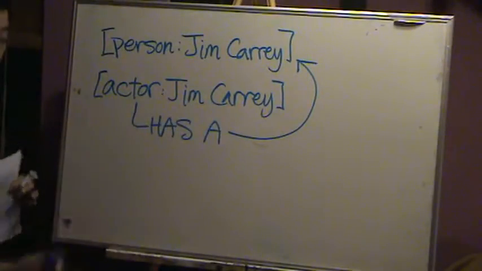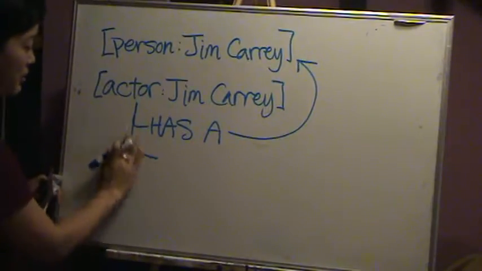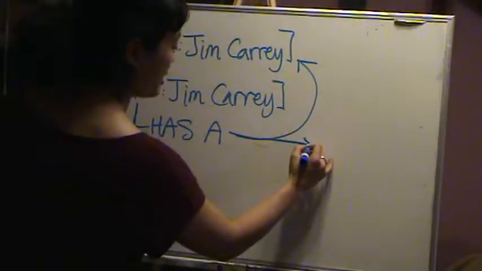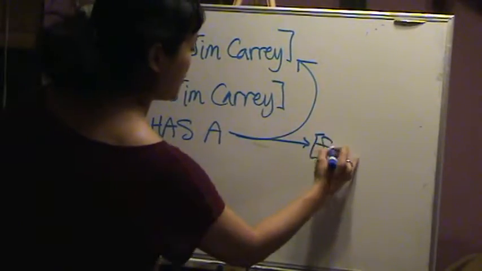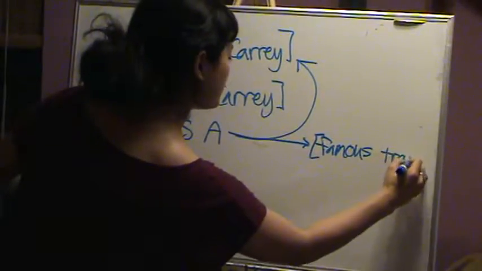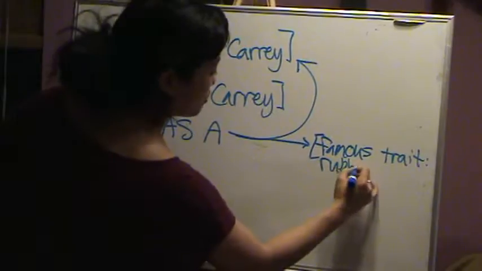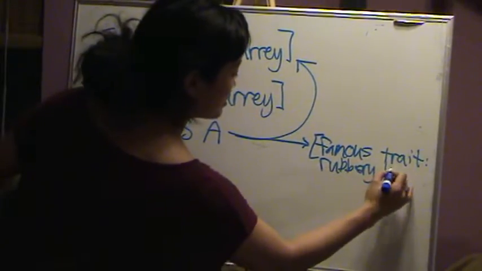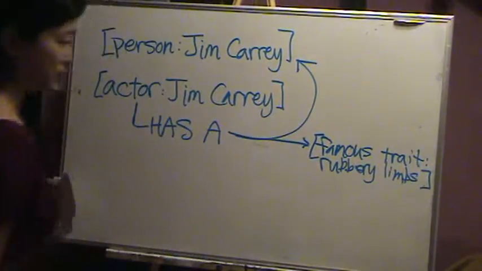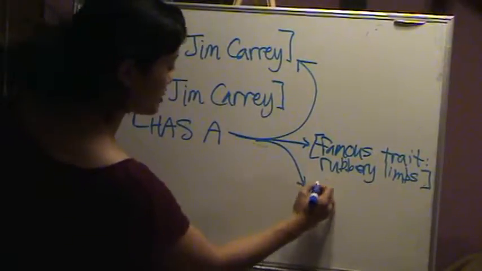The actor Jim Carrey can have other properties. Perhaps we say he also has a famous trait, which is, his famous trait is like rubbery limbs. Right? He can also have another famous trait.